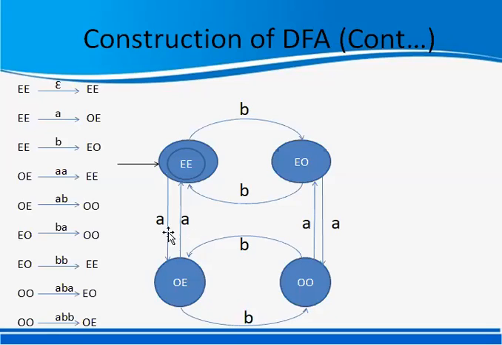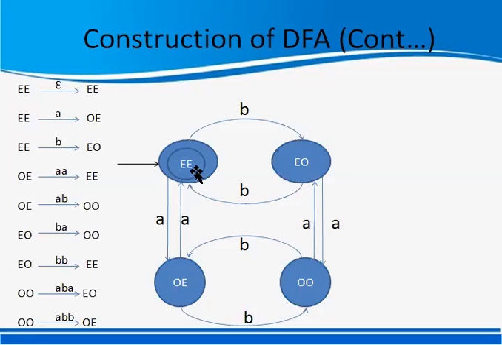So using this concept, we will construct this DFA. In the given problem, we have to accept the strings having an even number of A's and even number of B's.